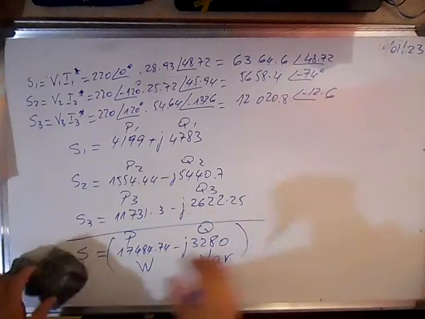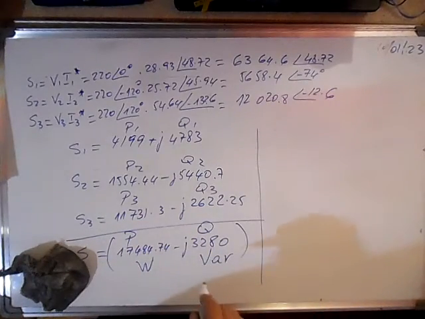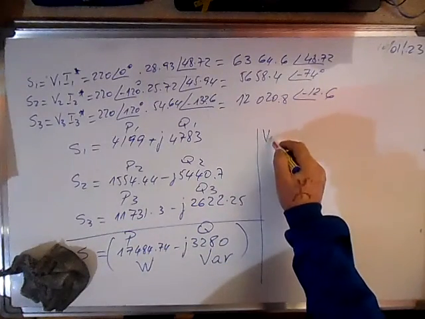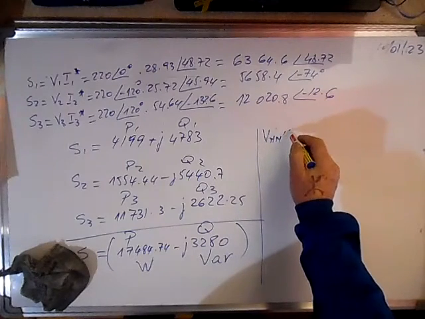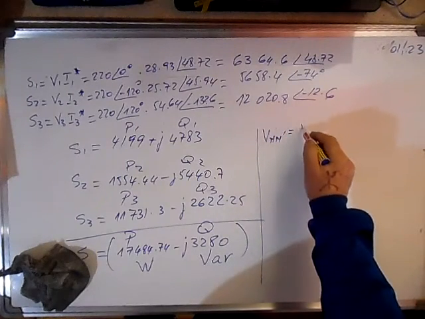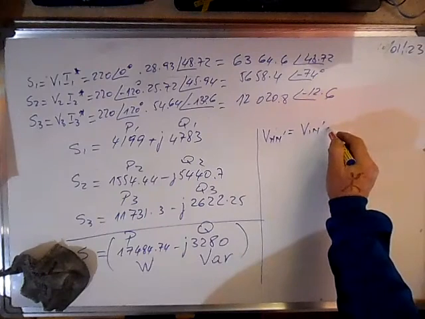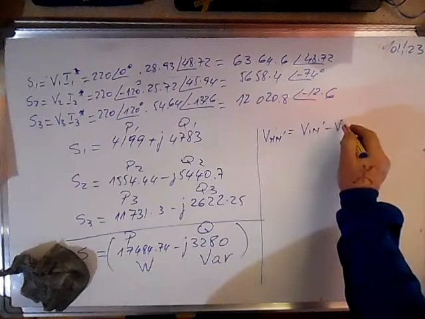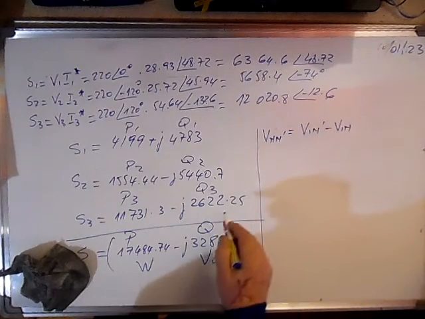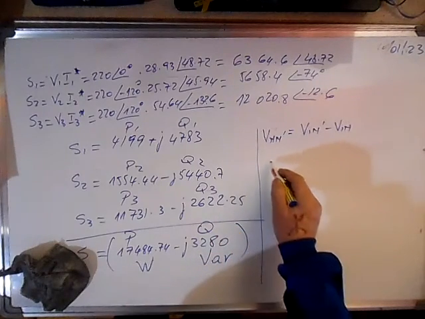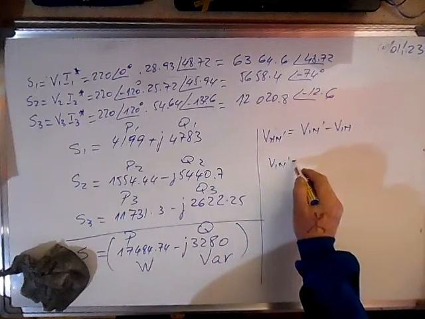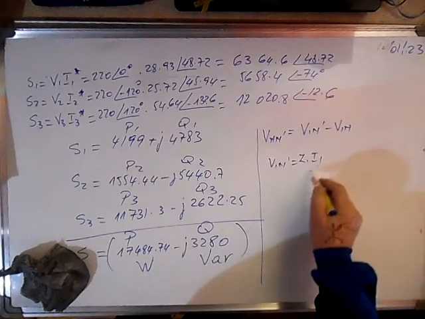We're left now to calculate Vn n prime. I said that Vn n prime is equal to V1 n prime minus V1 n. As I said, V1 n prime is Z1 times I1.